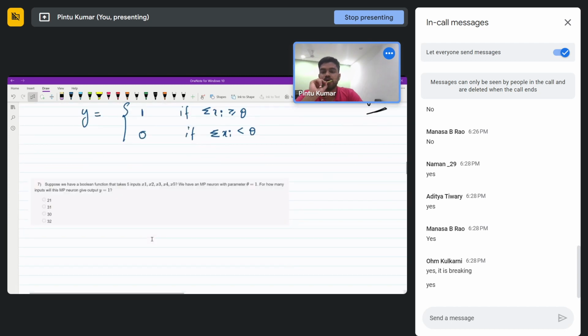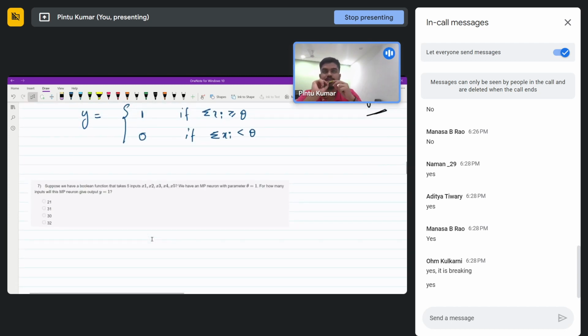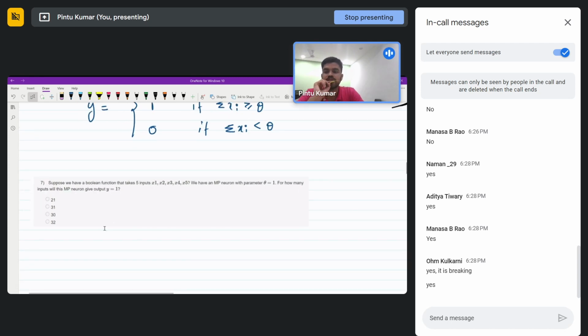This is a question that was in the previous year's assignment. Suppose we have a Boolean function that takes in 5 inputs, x1, x2, x3, x4, x5, related to the MP neuron, with theta equal to 1.